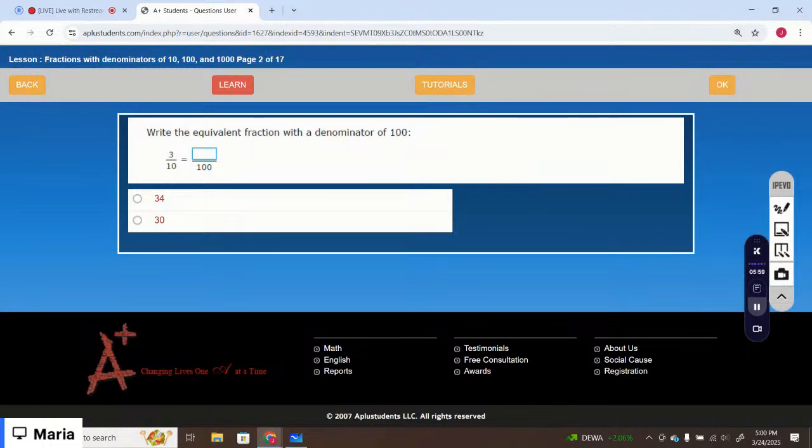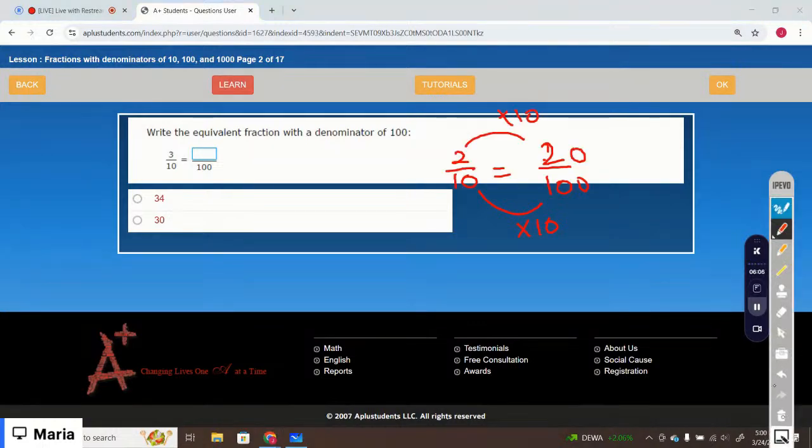Write the equivalent fraction with the denominator of 100. That is 3 over 10 equals the missing number over 100. 10 times 10 is 100. So 3 times 10 is 30.